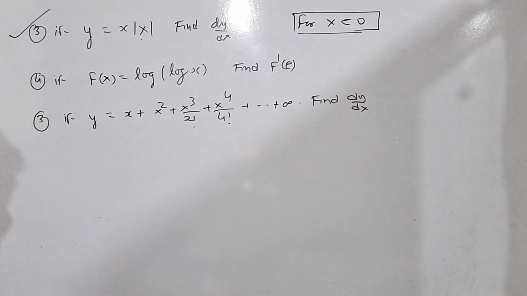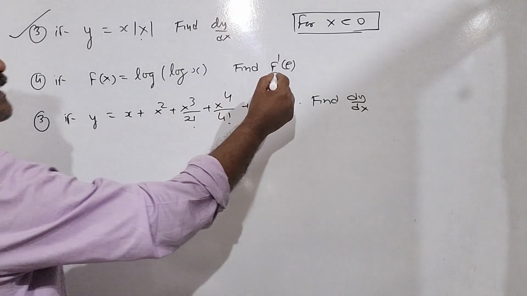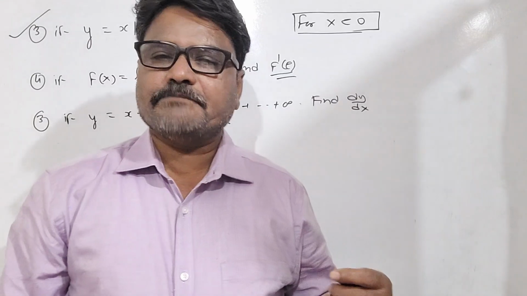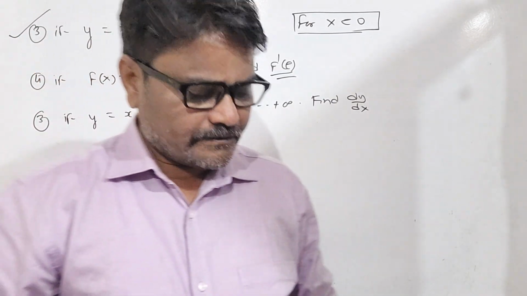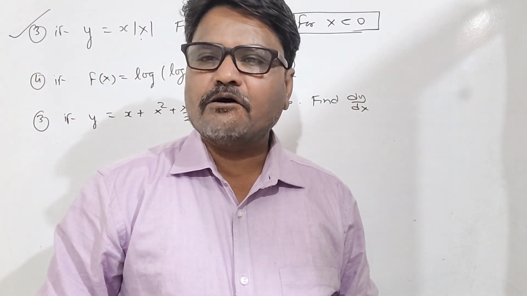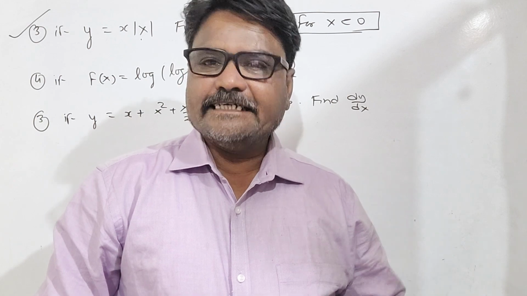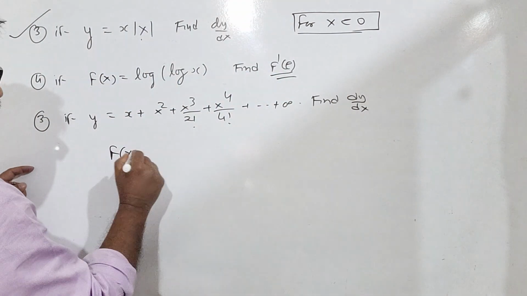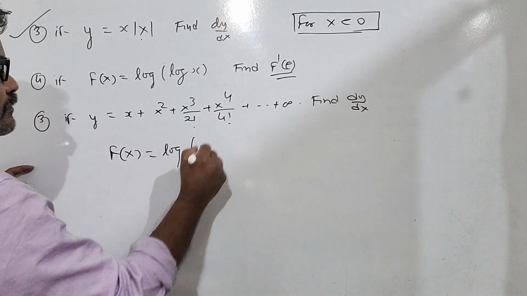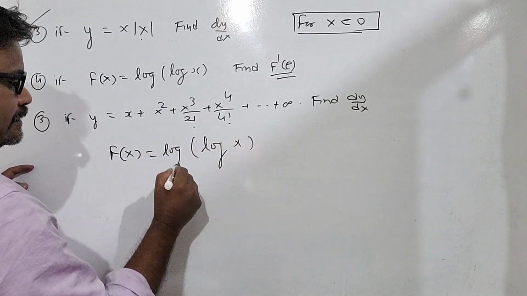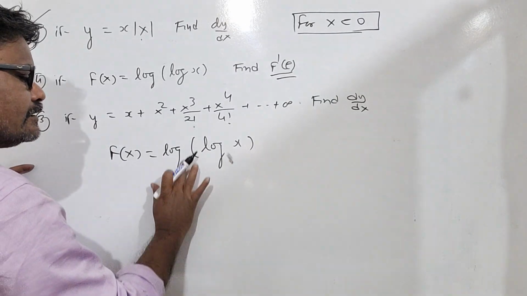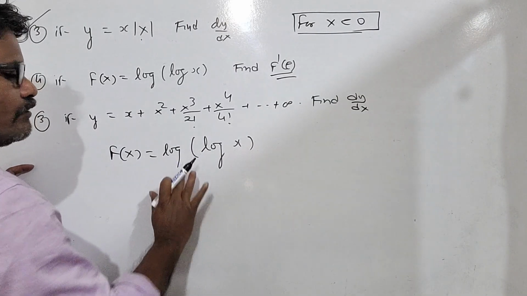Now come to the second one. If f of x is log of x, find f dash e. A basic log function is there. In CBSE, the base of the log function is normally e. So first of all, f of x is log of x, where the base is e, mind it. Don't write it over here, just understand that the base of this log function is always e.